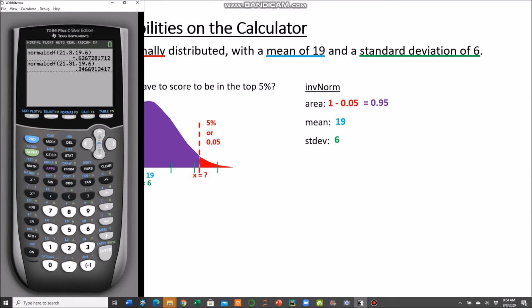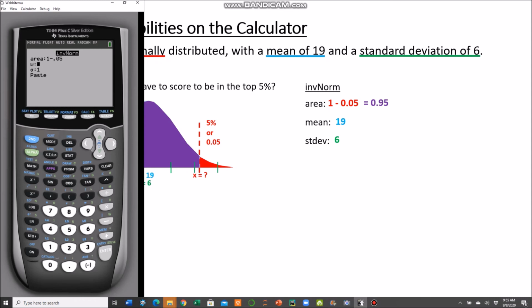So second distribution, inverse norm is option 3 right there. The area is 0.95, and if you don't trust your ability to subtract, you could type in 1 minus 0.05 and it'll calculate it for you. Okay.